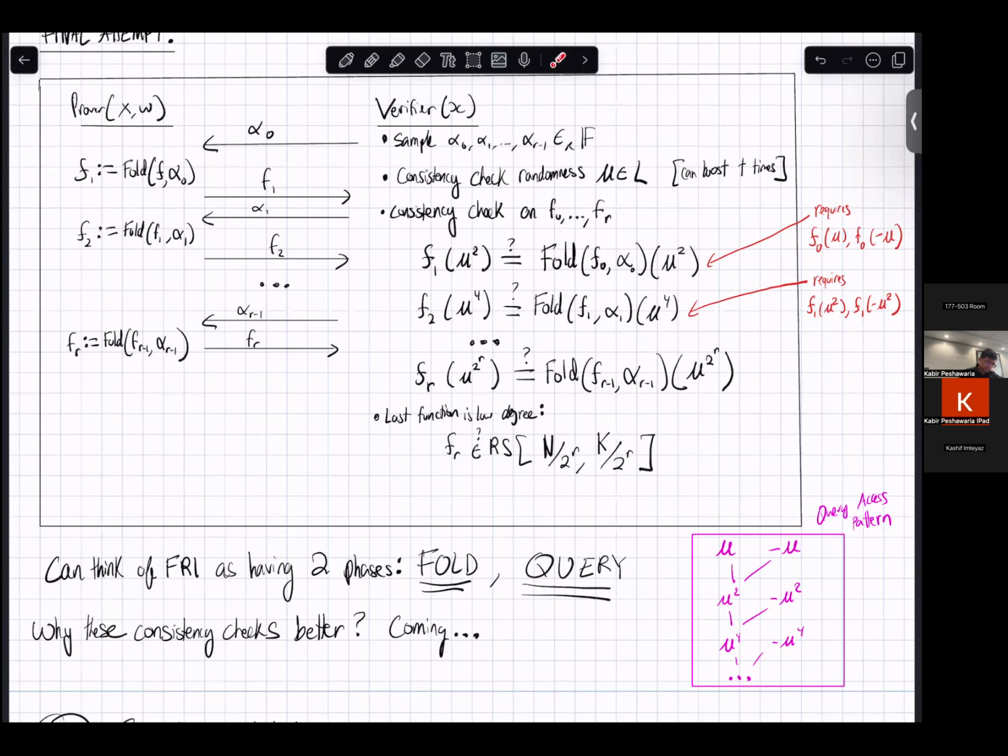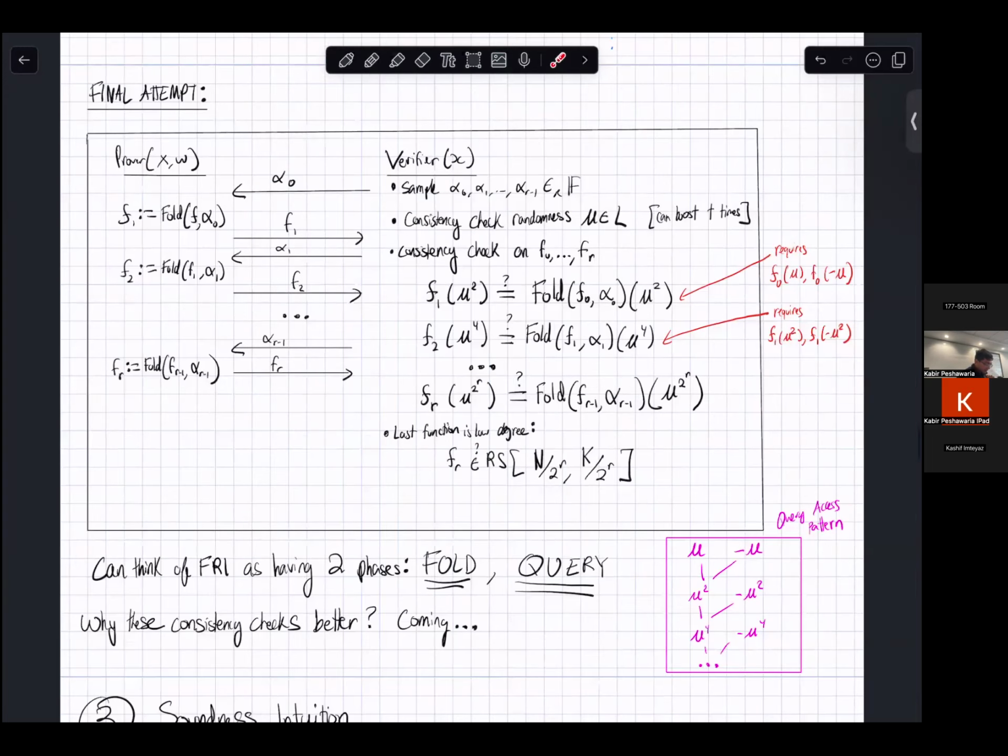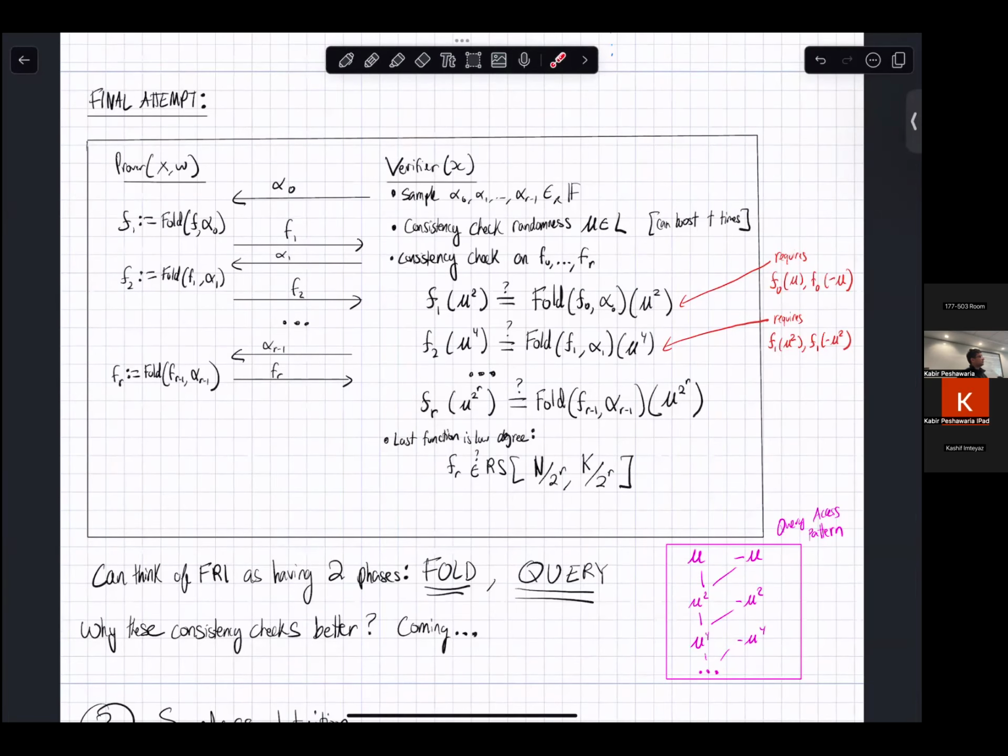Is that clear? Or is this confusing to people? I'll leave the protocol up for a second so you guys can read it.